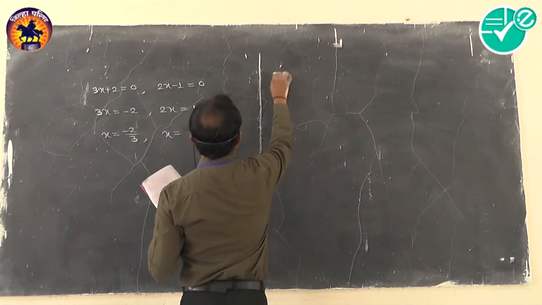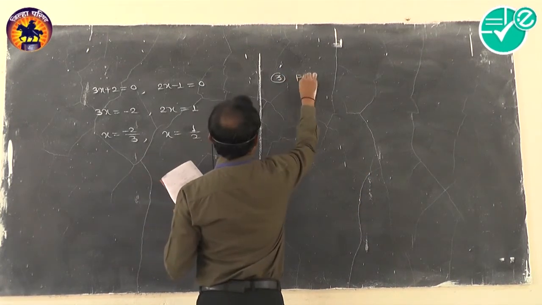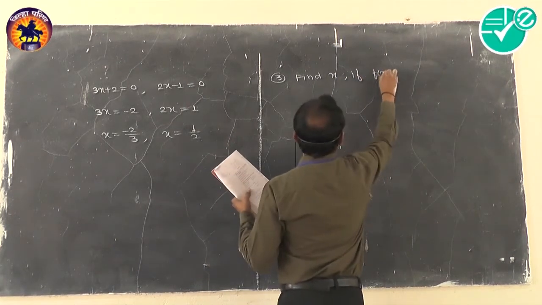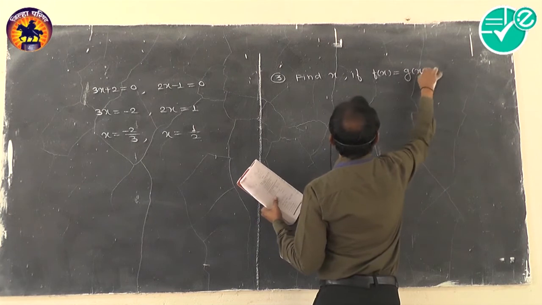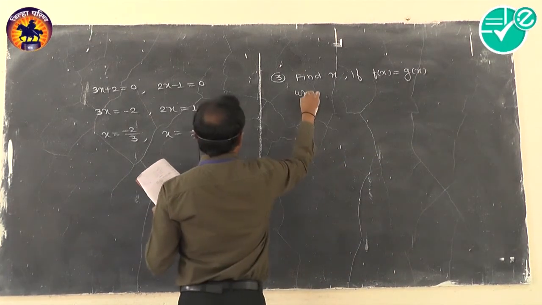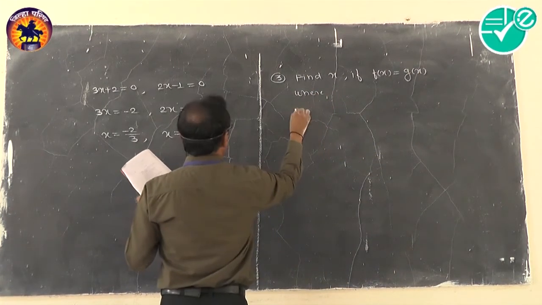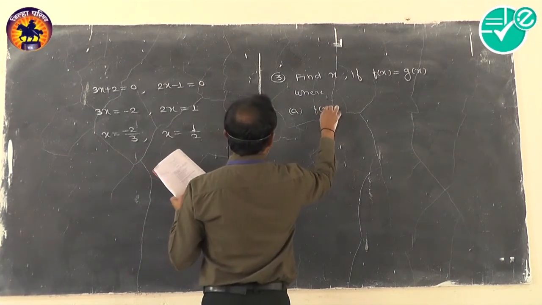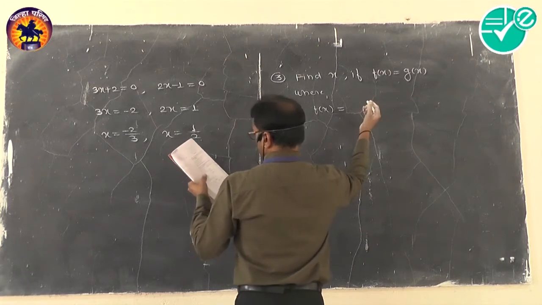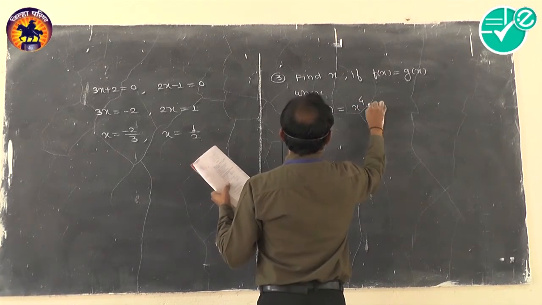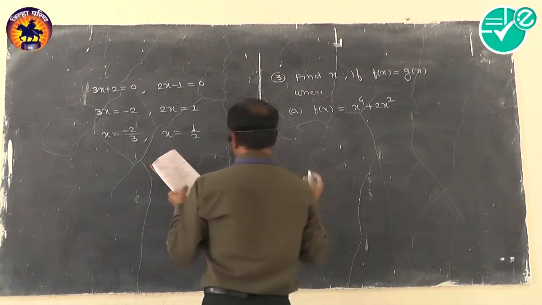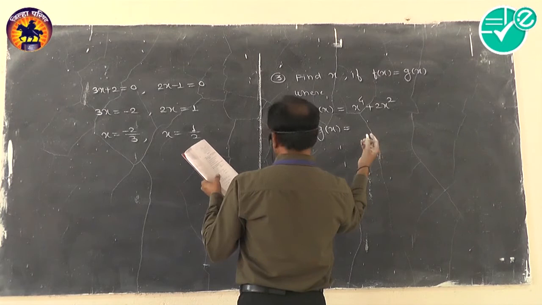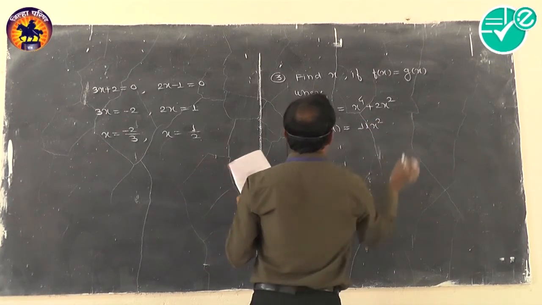Now question number 3 I will take. Here find small x if f of x equal to g of x, where again two sub questions are given. First sub question: f of x is equal to x raised to 4 plus 2x square, and g of x is equal to 11x square.